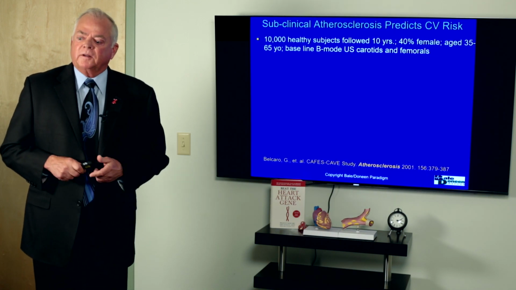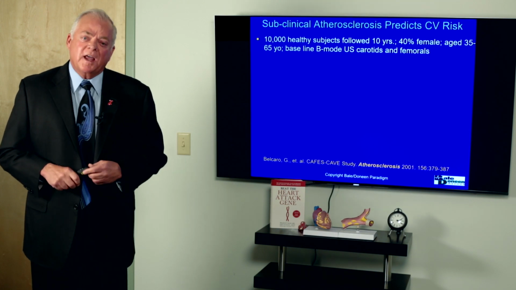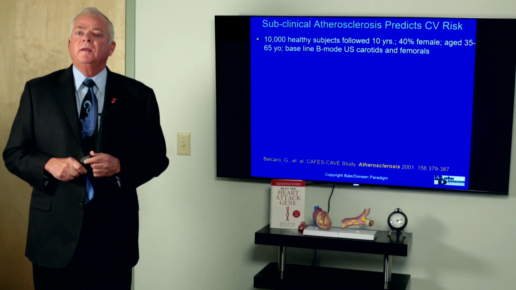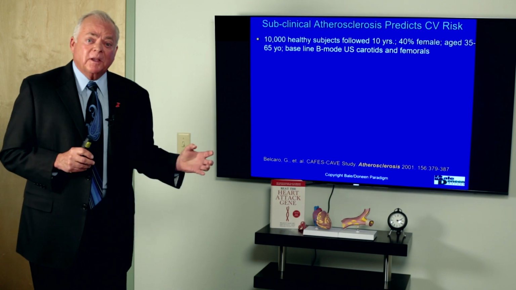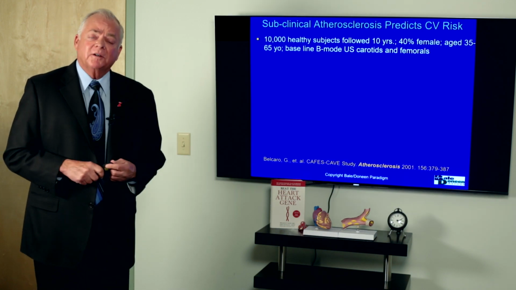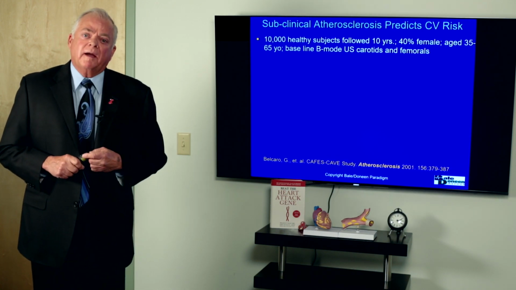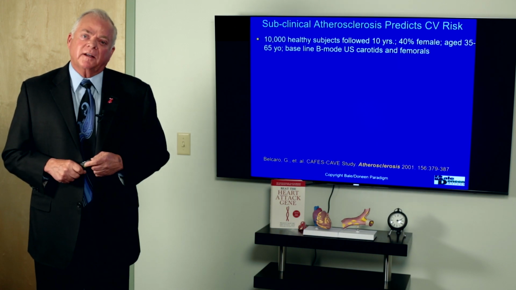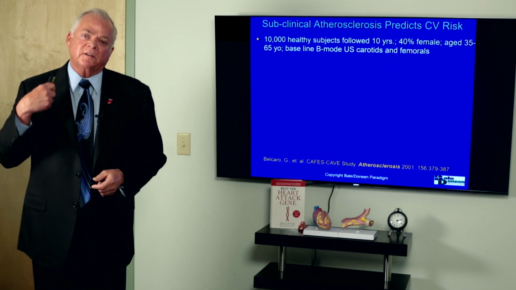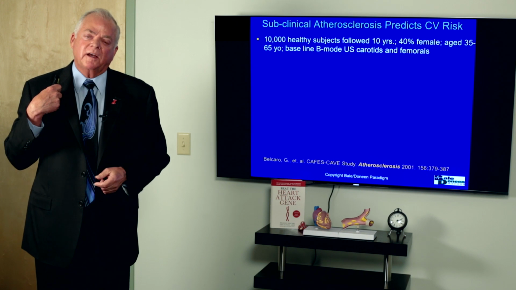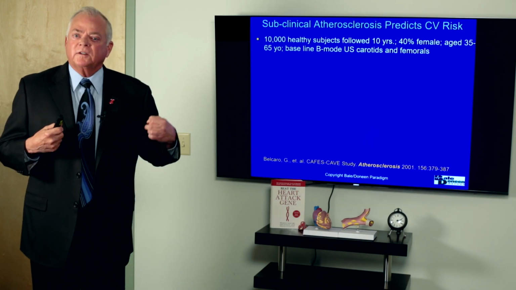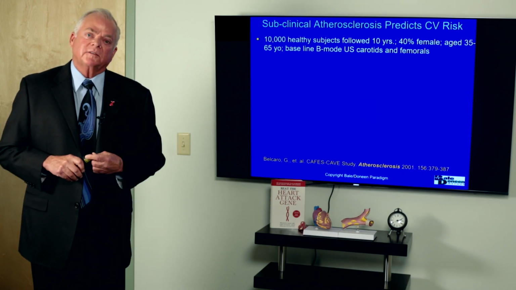It was a study where they looked at 10,000 healthy people ranging in age from 35 to 65 years of age. Every patient that got in this study, they looked for disease in the carotid artery with ultrasound. They looked for disease in the femoral arteries with ultrasound.